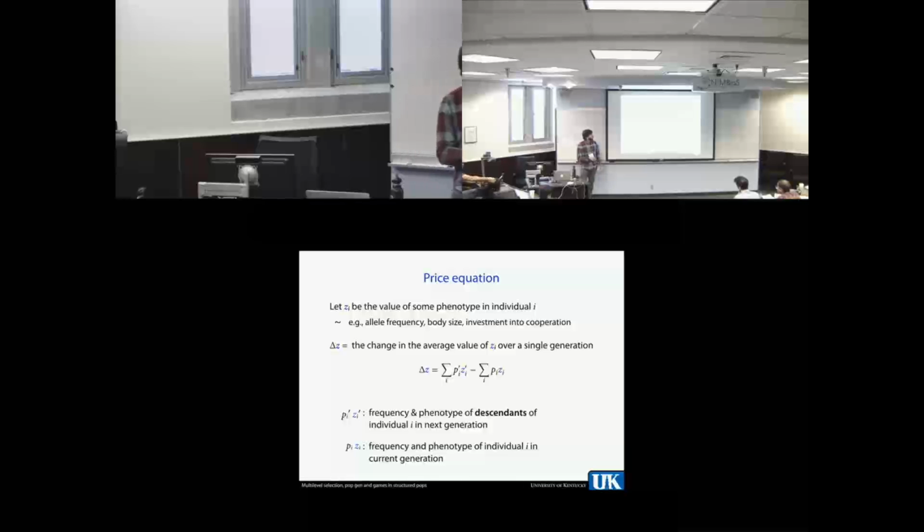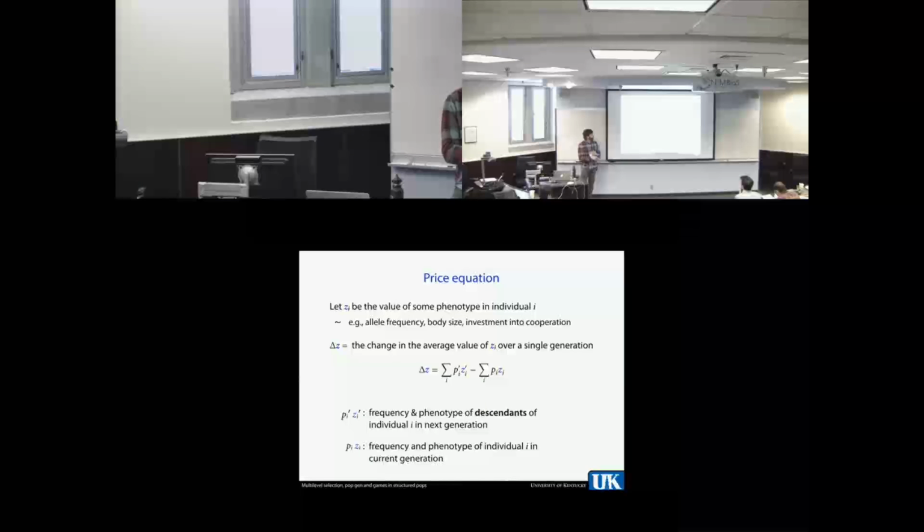You can write it out in an elementary way by just counting up what it was in the current time step. This is the frequency of individuals of type i who have a value for z of zi. So there's a class of individuals with a certain body size, given by this, and then that's the frequency of those individuals in the population.